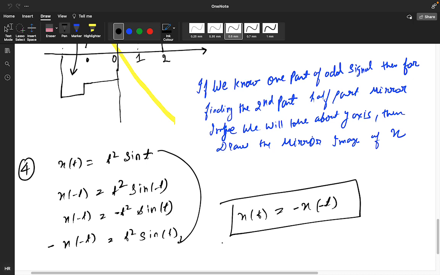Is this clear? Yes, sir. Okay. Always remember, x of t will never be equal to x of minus t for an odd signal.